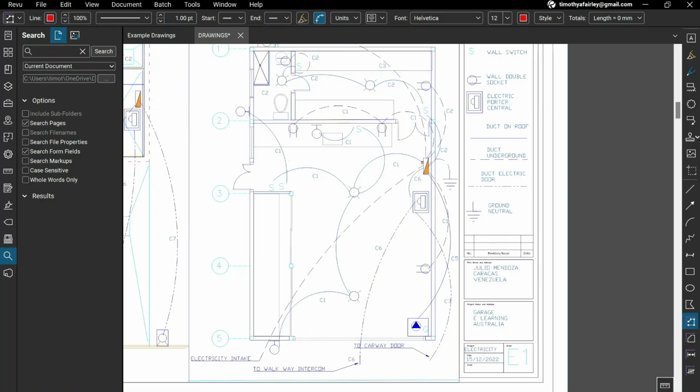So C1, that right to that, 13 meters plus to that switch.